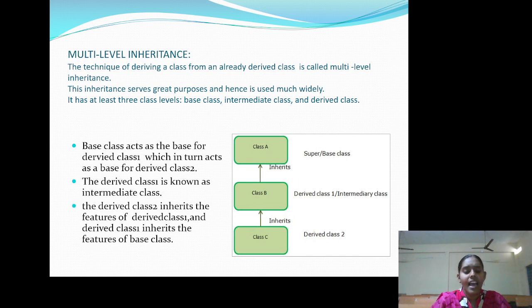Base class acts as the base for derived class 1, which in turn acts as a base for derived class 2. The derived class 1 is known as the intermediate class. The derived class 2 inherits the features of derived class 1, and derived class 1 inherits the properties of base class.